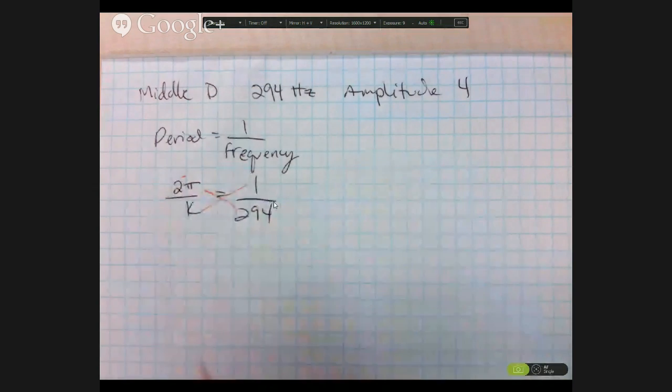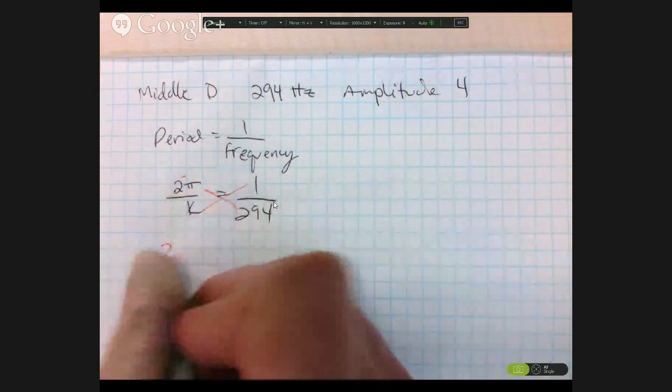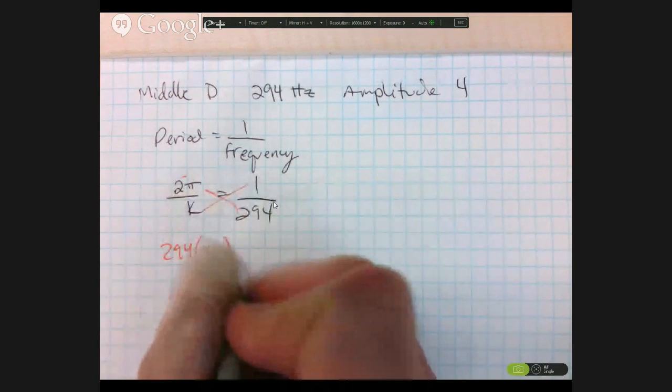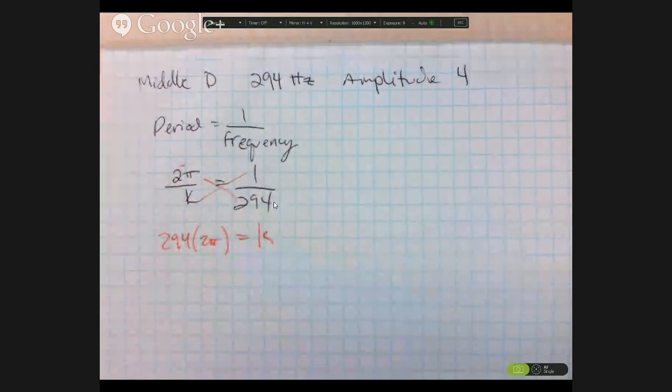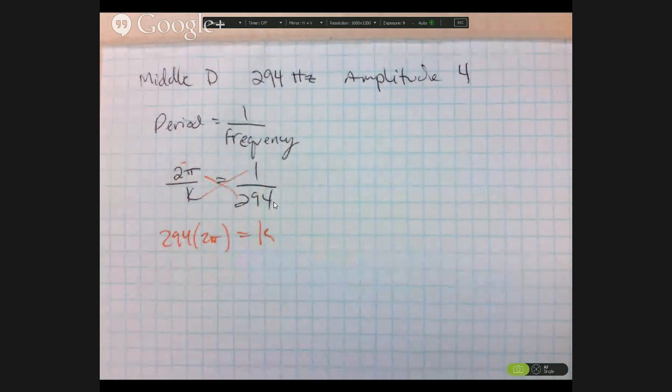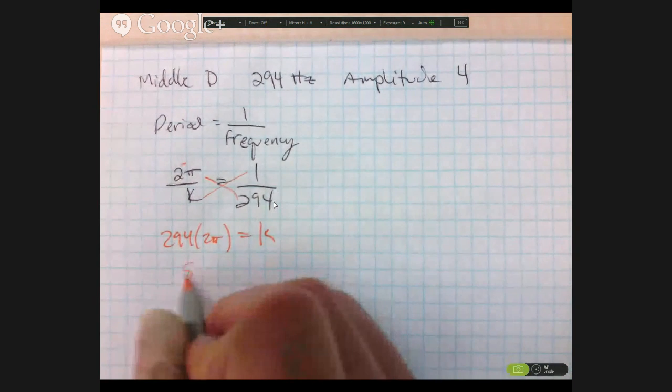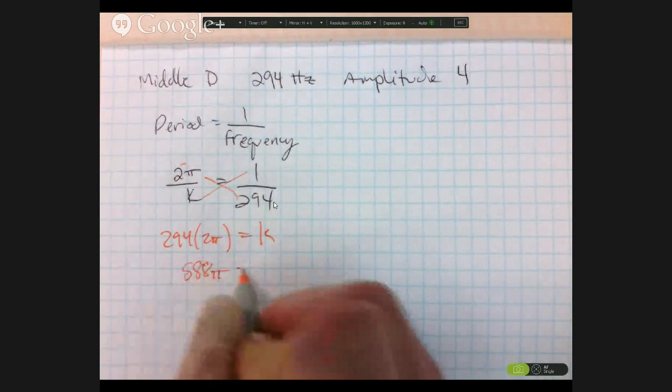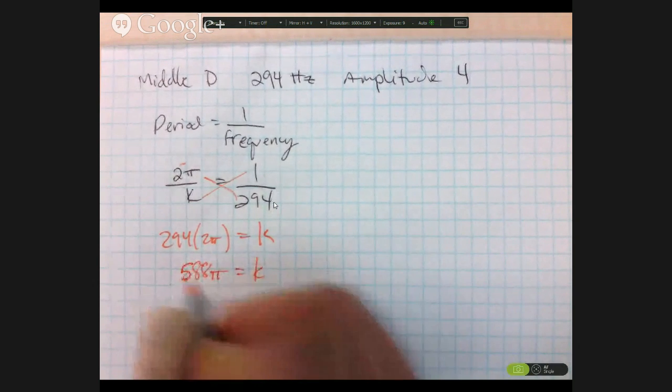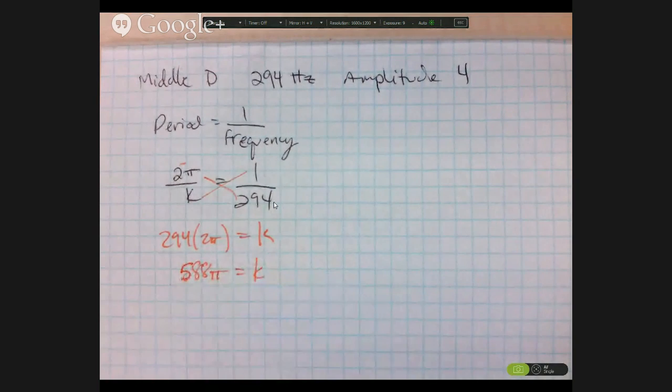Cross multiply. It's 294 times 2. 588. I would just leave it, honestly.